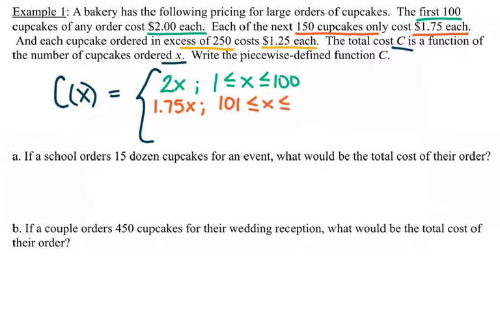And it says 150 more, so we've already made 100, so if I add those together, I get 250. And then the last one says, if I order in excess of 250, so anything bigger than 250, it's going to be $1.25 each. Alright, so there are your 3 expressions and your 3 restricted domains.